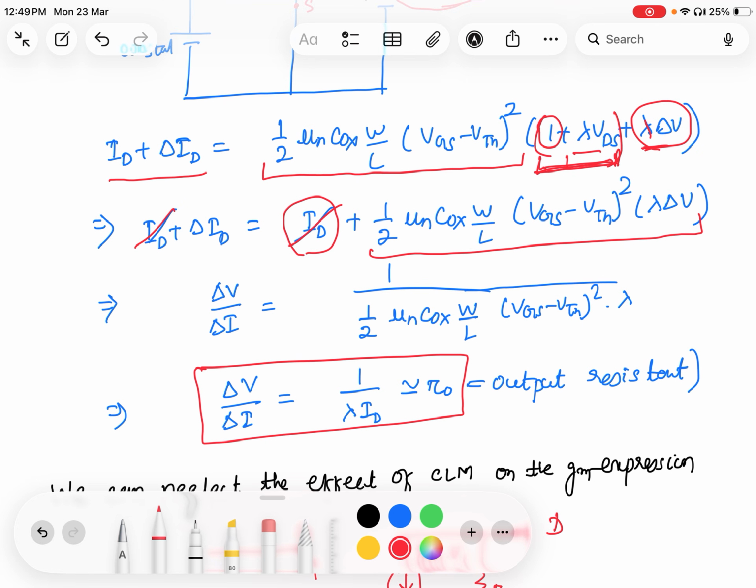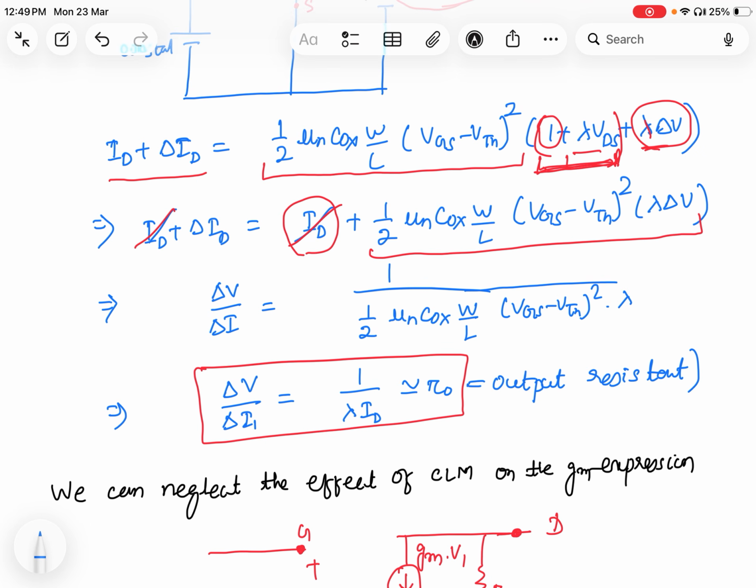Now if I find del V by del ID, I get 1 by lambda ID, which is nothing but R0. So R0 is nothing but the output resistance.